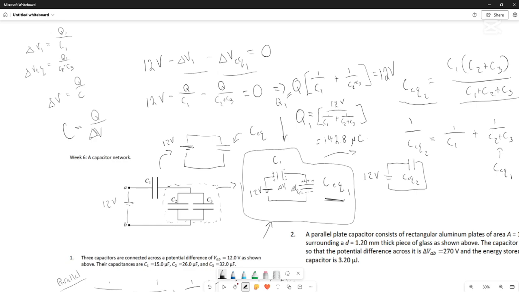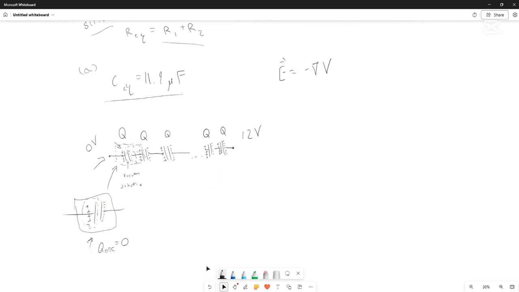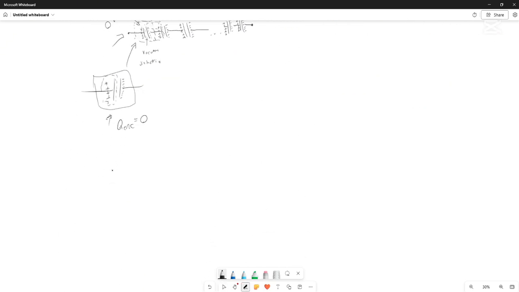Now, next thing we're going to do is get the potential difference across C1, which now we can do just by definition of capacitance, right? That'll just be the capacitance is equal to the charge on a plate divided by the potential difference. And we know C1, and we know charge Q1 from that part.